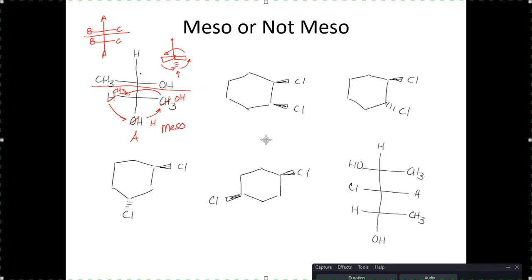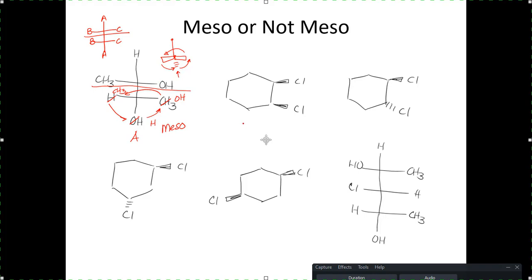What happens if I line up 2 of the groups and the other 2 don't line up? It's not meso. So whenever you have a Fisher projection like this, you have to rotate the groups and line up at least 2 of the groups, and either the other 2 will line up, in which case it's meso, or they won't line up, in which case it's not meso. Okay? So again, meso means having chiral centers, but then also having the internal mirror plane of symmetry.